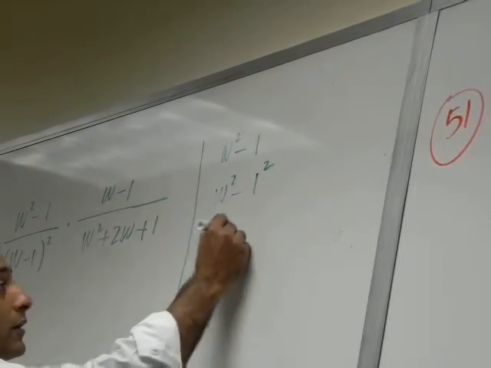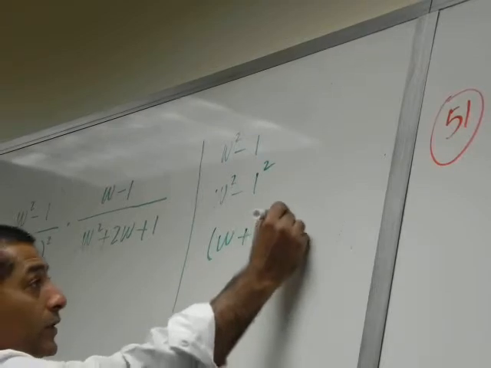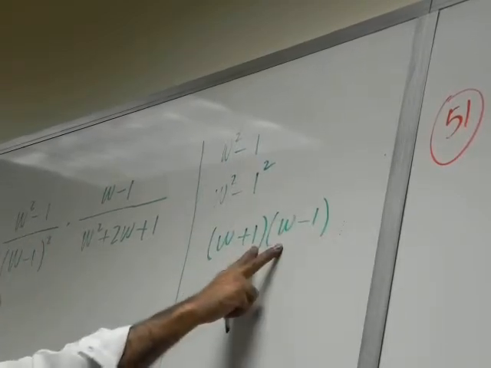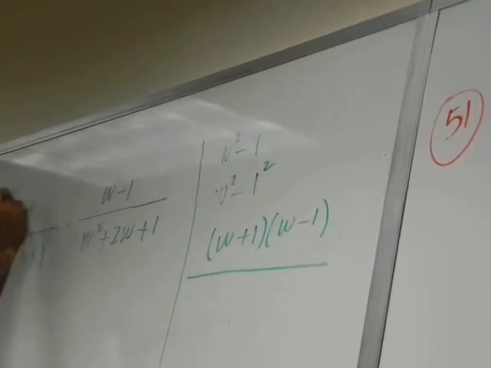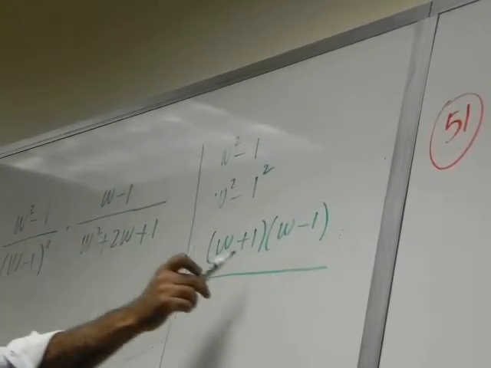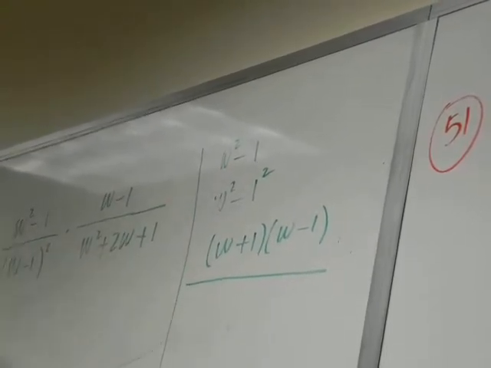One is going to be plus, and the other is going to be minus. So these are the two factors for w squared minus 1, and we're done with the first numerator. I'm going to go back and place them here: w plus 1 and w minus 1, just replacing this factor.